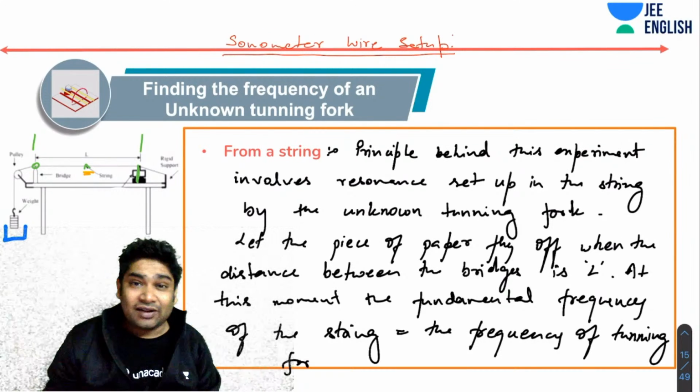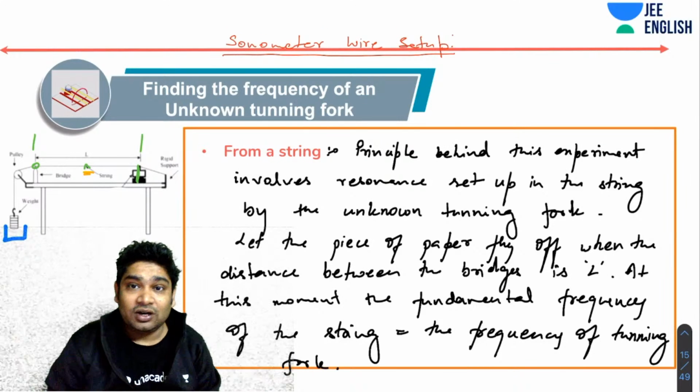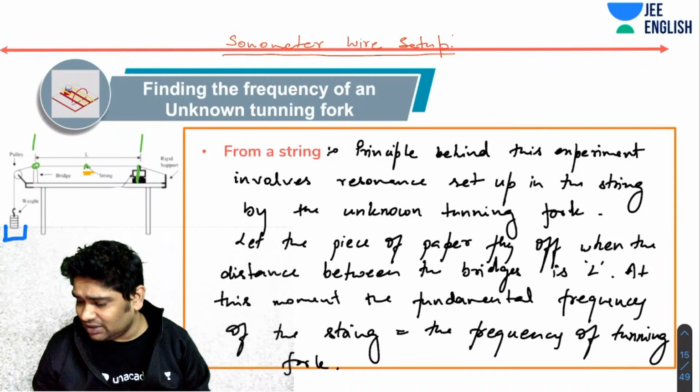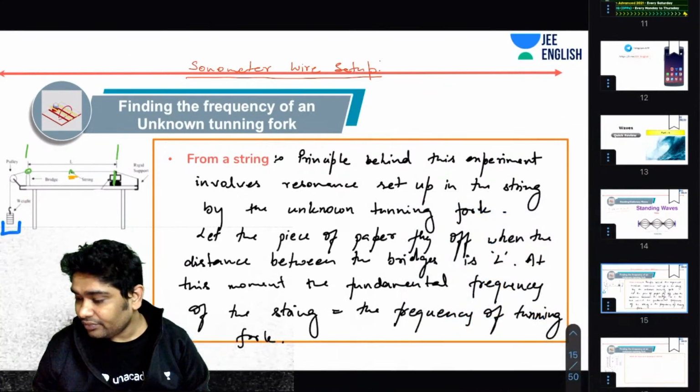So if I can calculate the fundamental frequency of our string, then we can figure out the frequency of the unknown tuning fork. So that's the basic principle, that's the basic idea. So let's see how that happens.